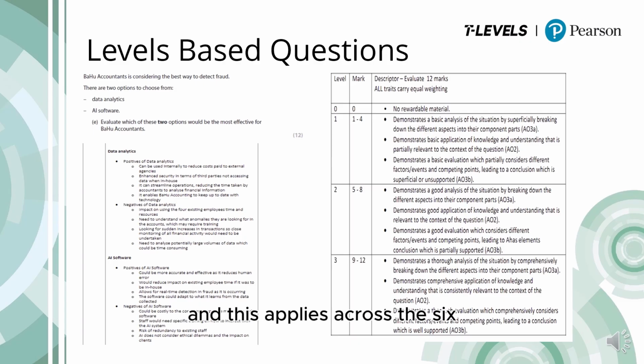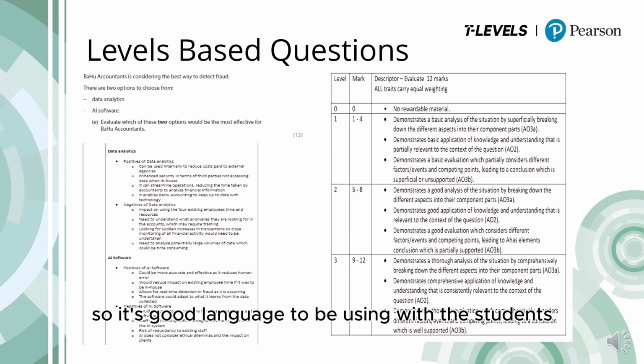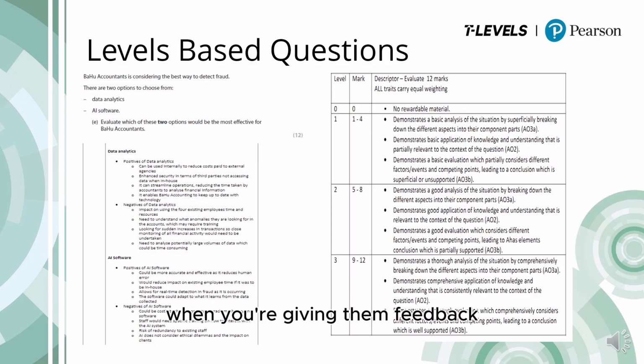And this applies across the 6, the 9 and the 12 markers. So it's good language to be using with the students. When you're giving them feedback, you can say, this is a basic analysis or this is a good analysis. It helps them to understand, if they're looking at the mark schemes themselves, maybe doing independent revision or working together, where they're hitting in terms of the quality of their answers.